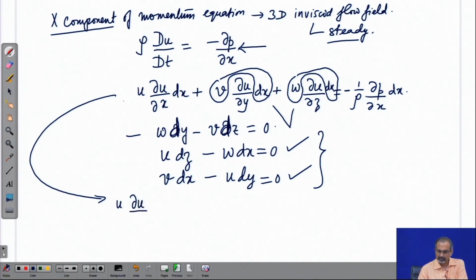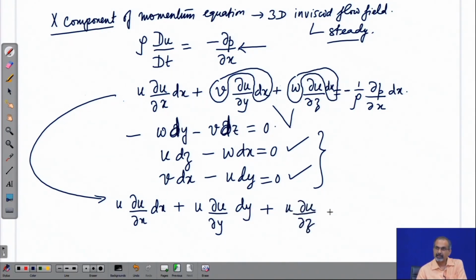It will be u del u del x into dx plus u del u del y into dy and then u del u del z into dz. That is what you will have on the left hand side.